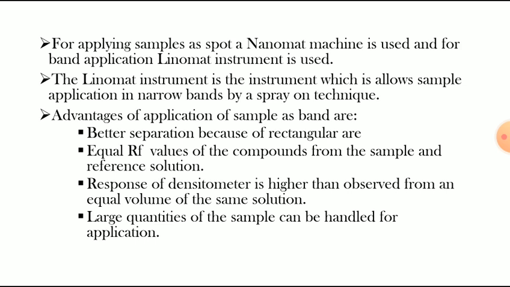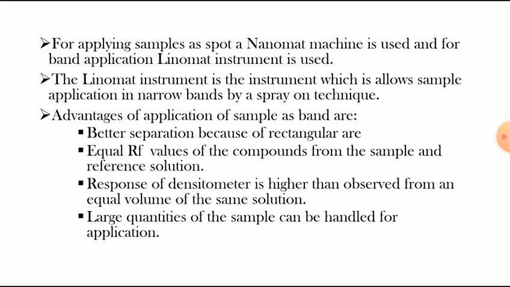Then the response of the densitometer is higher, that means when we scan the separated components' spots, we can easily observe them with the help of the densitometer. Then large quantities of the sample, that means we can apply 20 to 40 samples on the same plate.